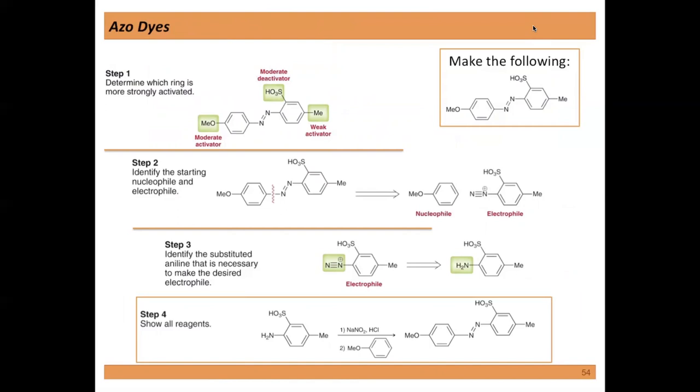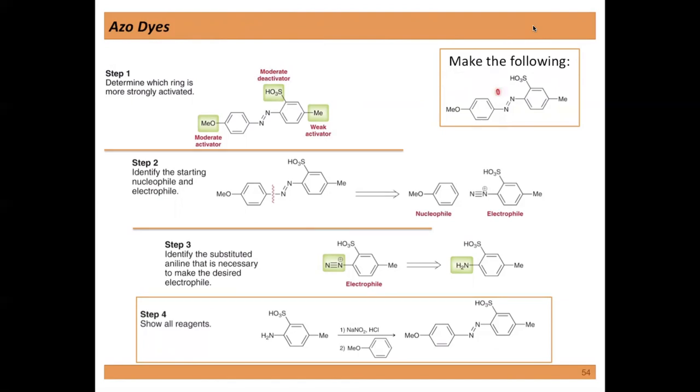So you can make all sorts of azo dyes. If we wanted to make the one in the box in the top right there, there are some good ways to disconnect and some bad ways to disconnect. The good way to disconnect is to find where your electron donating group is. I can see that I've got that MeO there.